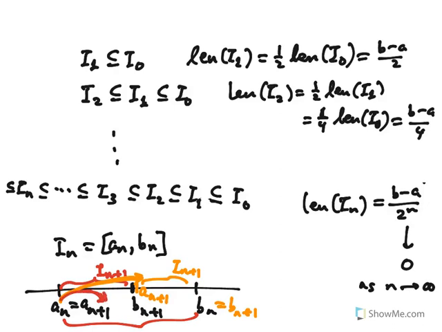And the right-hand endpoints can never increase, because either bn is the same as bn plus 1, or bn jumps downward to bn plus 1. So bn can never jump up. So in other words, the an's are increasing, not necessarily strictly. Two consecutive terms could be equal, but they can't ever go down.